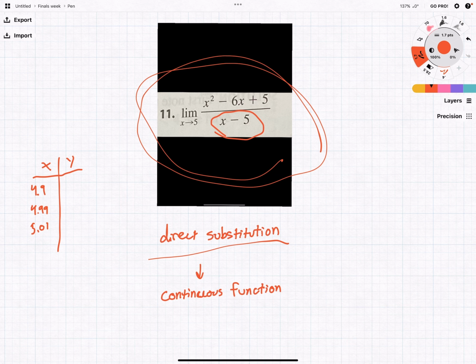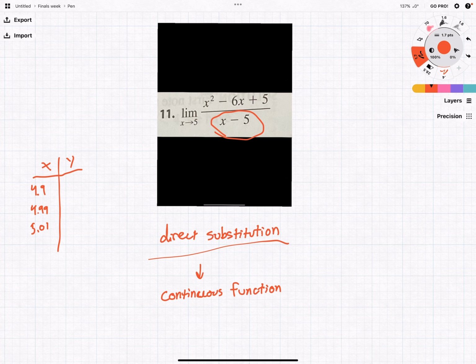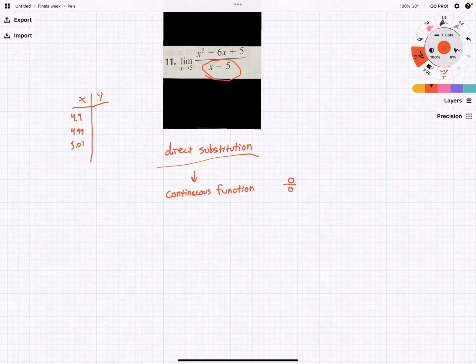And so when we have these continuous functions, we can use this direct substitution, which means you just plug in 5 and that gets you your answer. Unfortunately, if we plug in 5, we get a 0 over 0 problem. So we have to do a little bit of work and modify the function to see what happens. So let's get started.